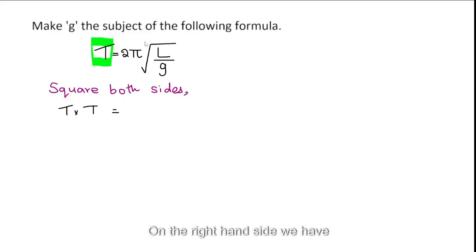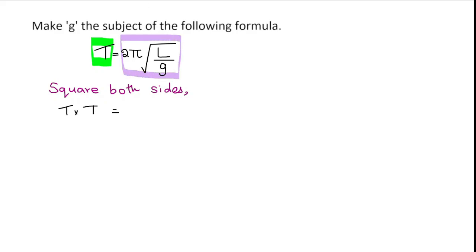On the right hand side, we have 2 pi square root L over G. Let's write this twice: 2 pi root L over G multiplied by 2 pi root L over G.